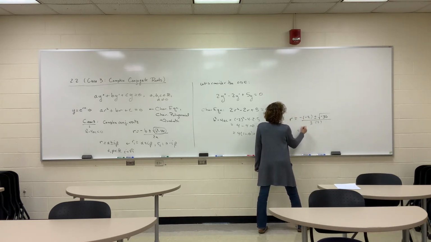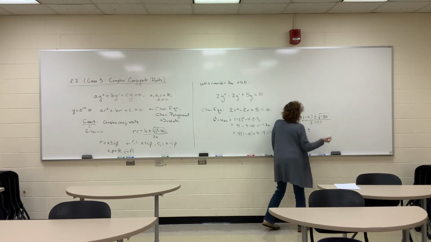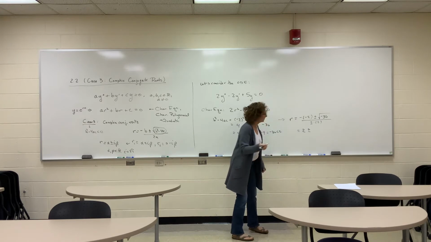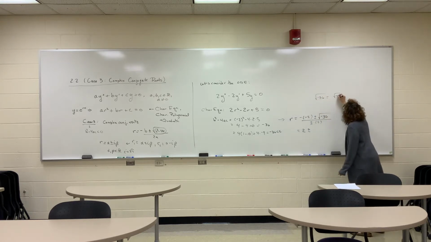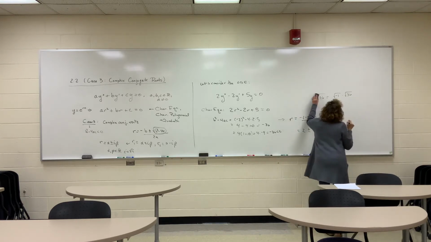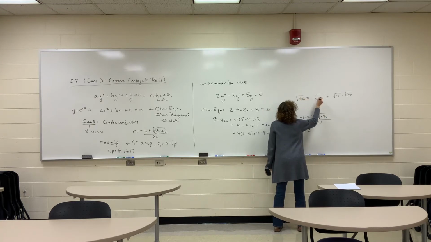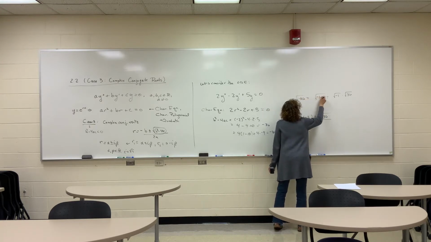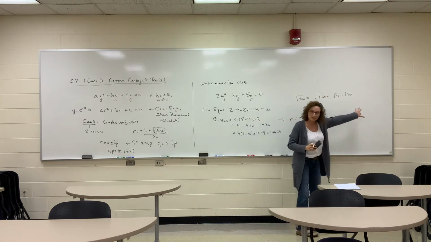Okay, all right, so let's do the math here. What are our r's? So we got 2 plus or minus the square root of negative 36. We can think about the square root of negative 36 as the square root of negative 1 times the square root of 36, because the square root of a product is the product of the square roots, right?